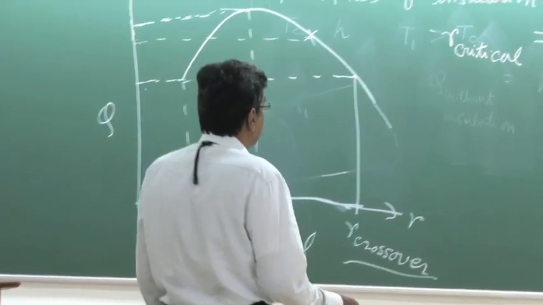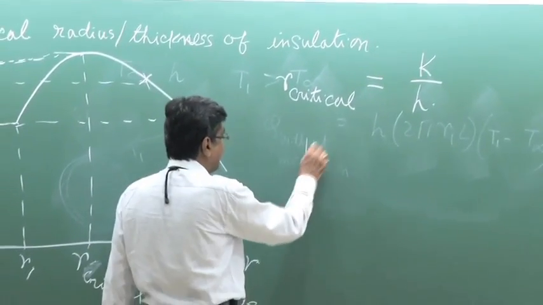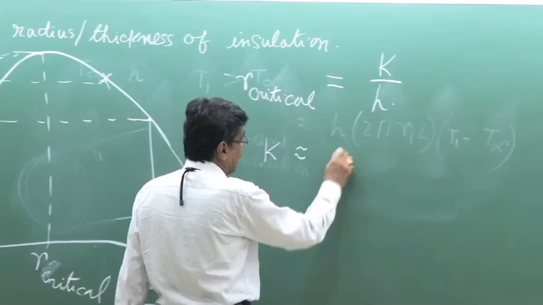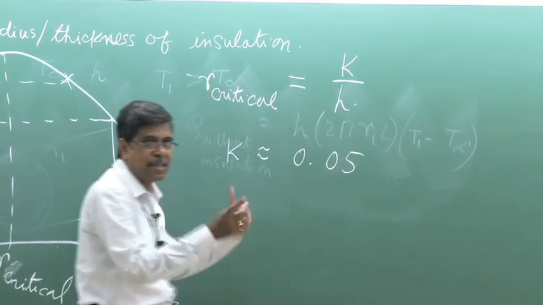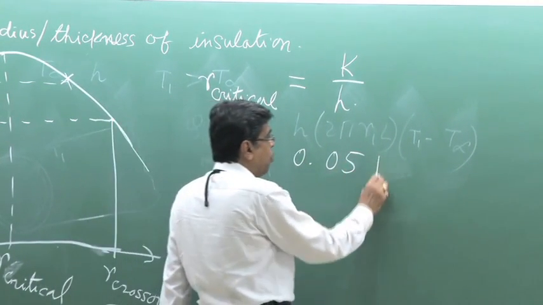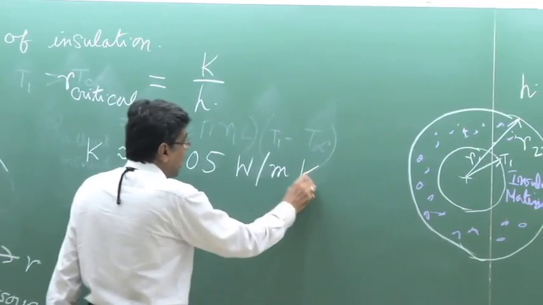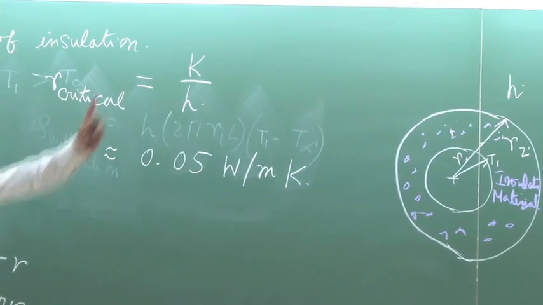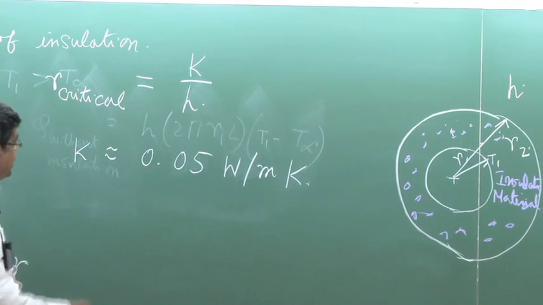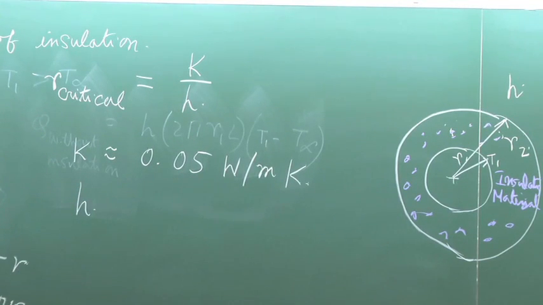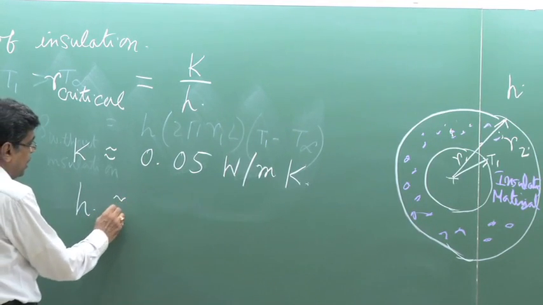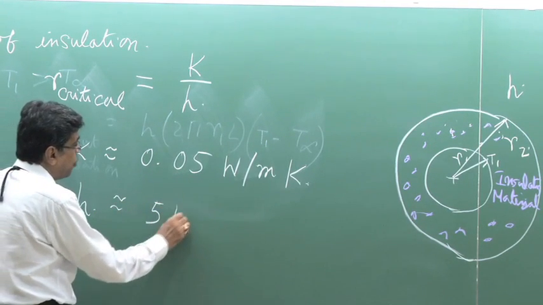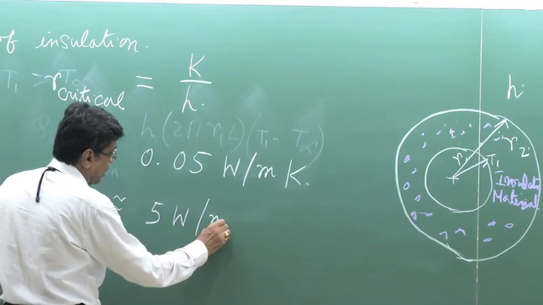In practice, the insulating material usually has a range of thermal conductivity like this, just an approximate scaling value, in watt per meter K. And the lowest value of h which can be achieved in quiescent air, having only buoyancy driven flow, that is natural convection, is in the order of 5 watt per meter square K.